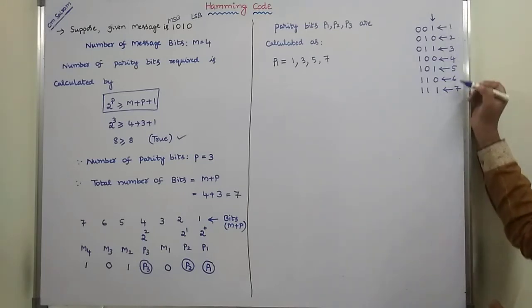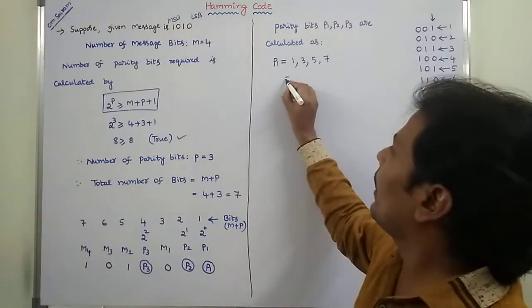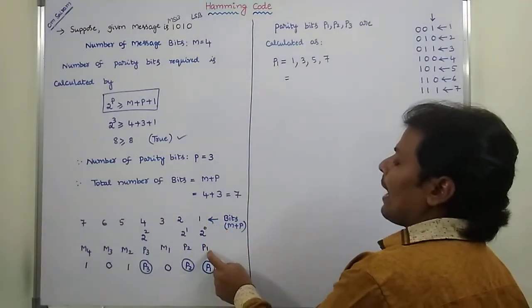That is 1, 3, 5, 7. Now at the 1st position, what is the value?